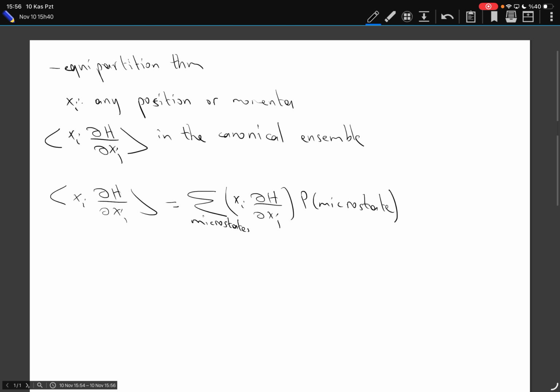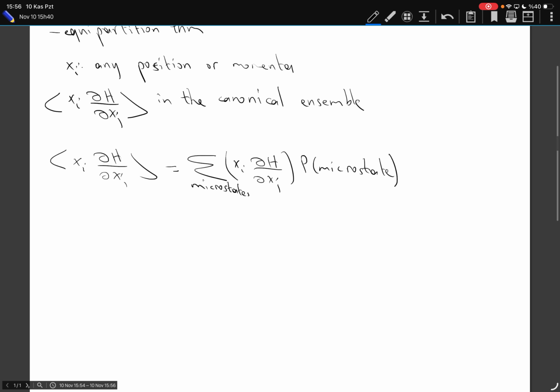This is the definition of the average of that quantity. Well, in the canonical ensemble, the probability is given by e to the power minus beta, but whatever the expression of the energy is, it can be a function of q and p.